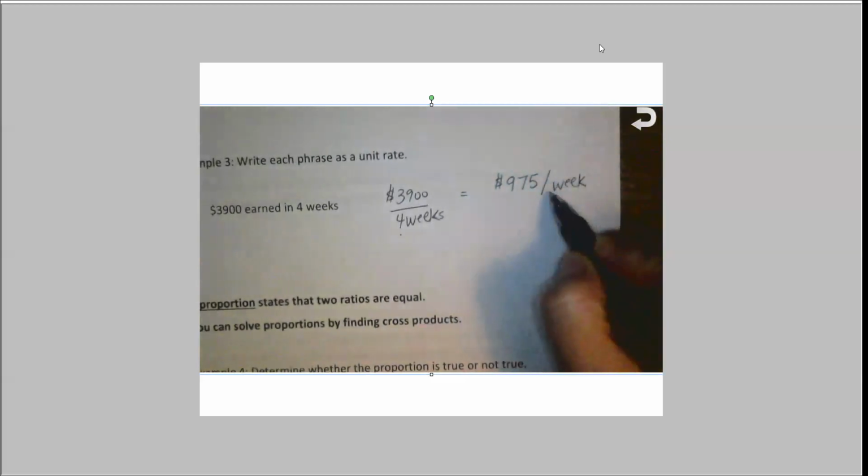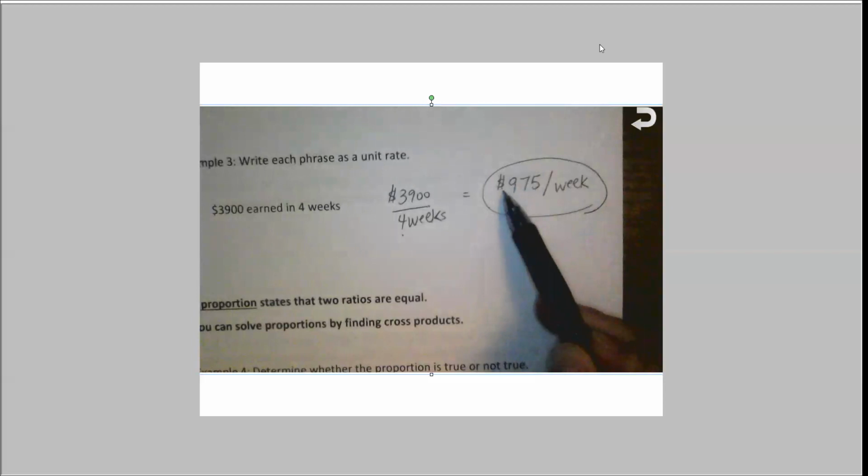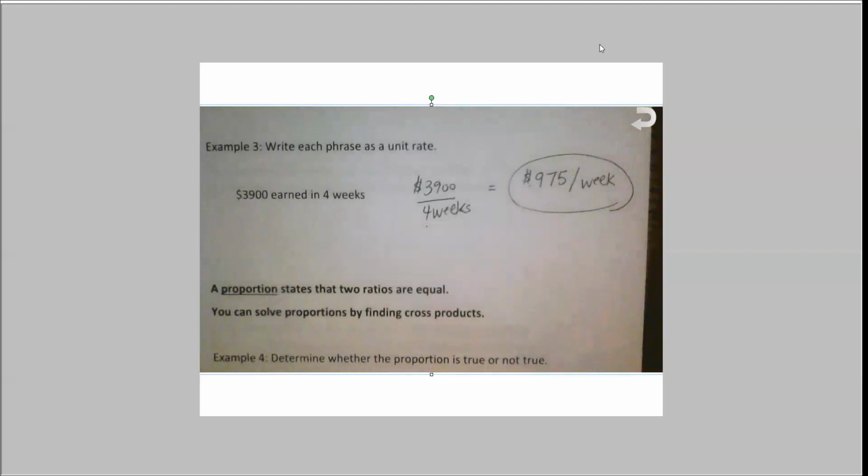Once again, you don't have to put a 1 there, but it's understood to be a 1 as we give that as a unit rate. Make sure to give your label, which was money, and the time, weeks. So 975 per week. So there'll be some problems as simple as setting those up as a ratio, unit rate, or a rate. Just make sure if it's asking for a unit rate that you give that per 1 item, whatever it is you're looking for.